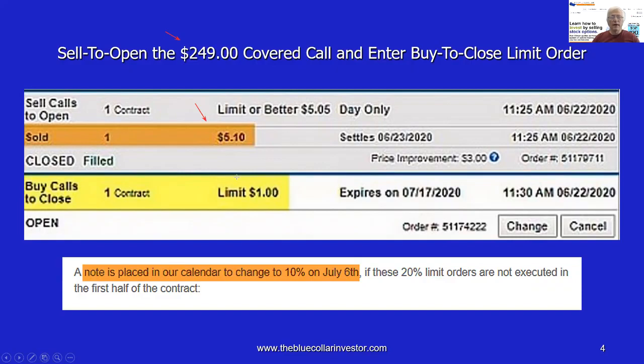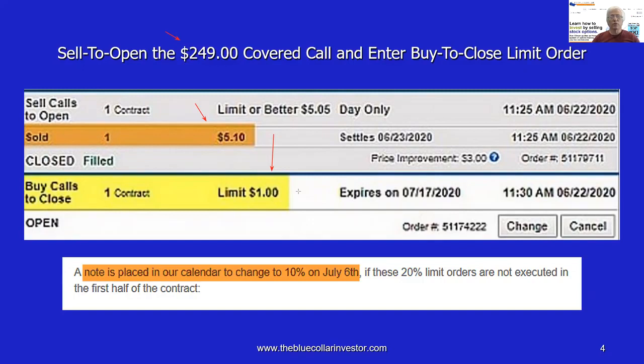Now, once that trade is executed, I immediately entered my buy to close limit order at 20%. So what's 20% of 510? It's about $1. So we sell to open at 510 and then enter a buy to close at $1, good until cancel.